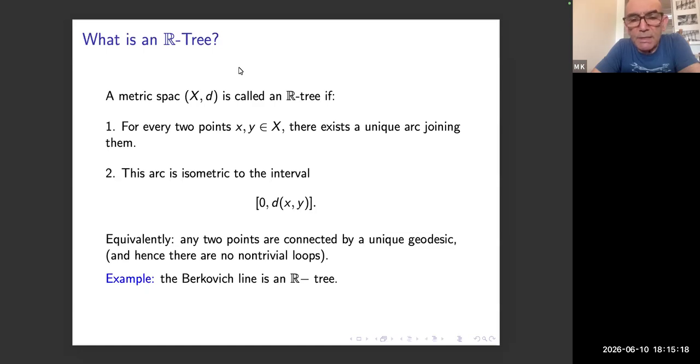R-tree is a kind of confusing term, but one should not think of them as trees. They are much more than trees, because trees are just a combinatorial object, like a graph with just vertices and edges. There's no metric in it, but here there is a metric.